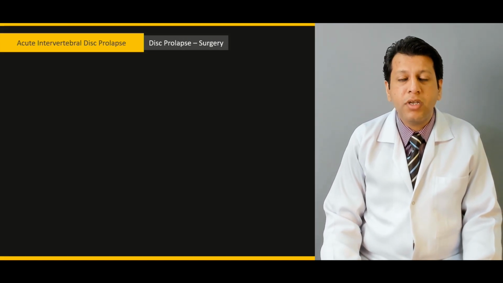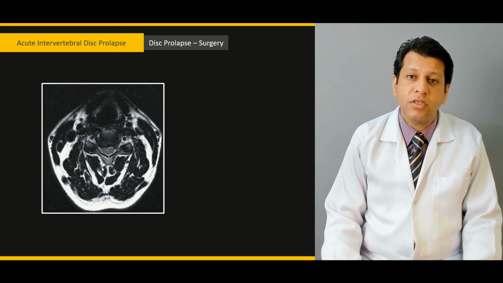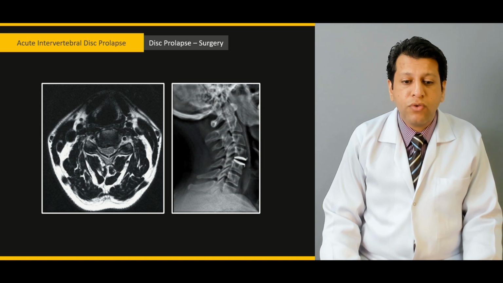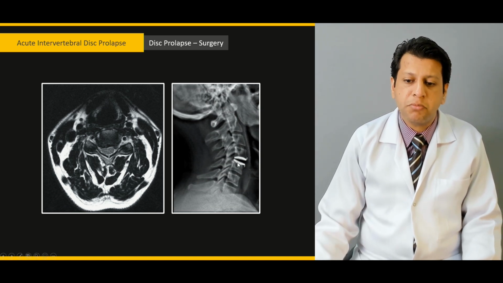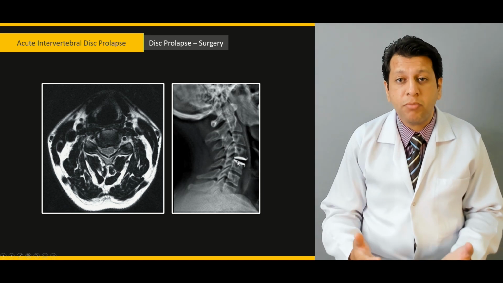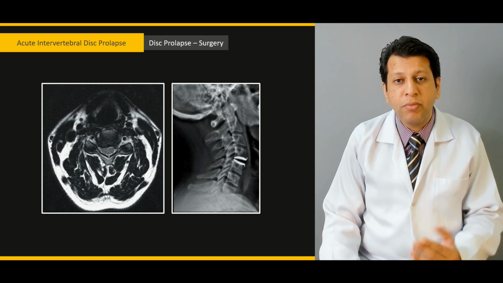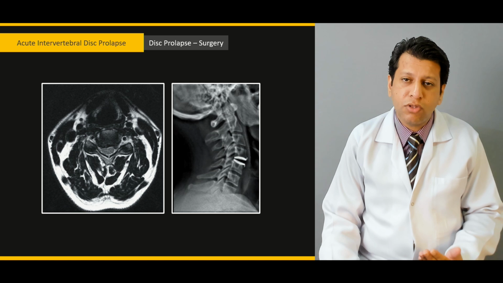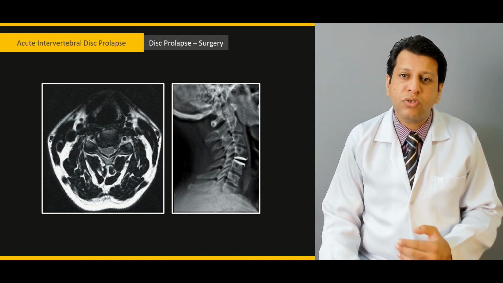Another option for disc prolapse surgery is called cervical disc replacement, or CDR. This is the post-op x-ray of a cervical disc replacement in which the disc has been replaced by some other form of material so that movement can be restored, because usually fusion, although it cures the patient of the problem, results in loss of movement.